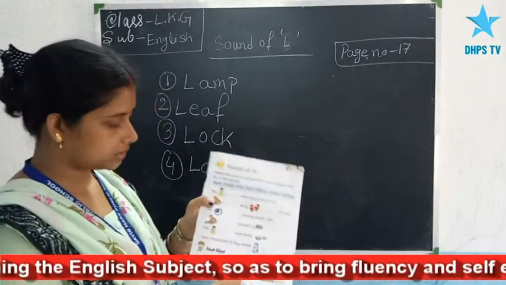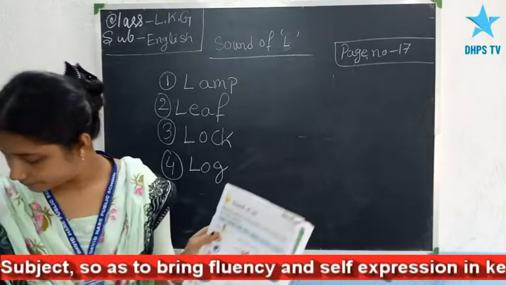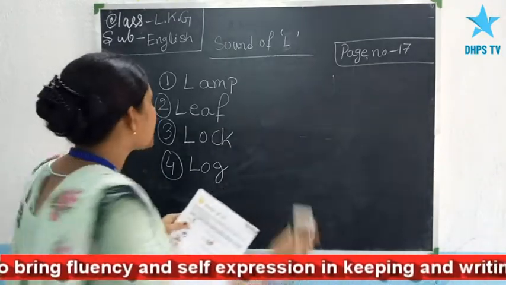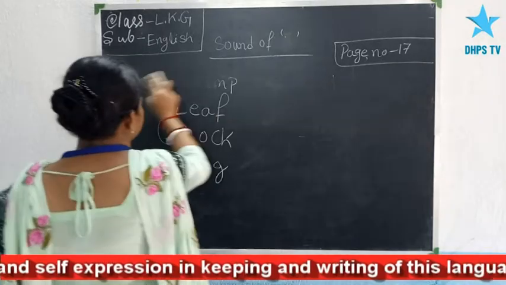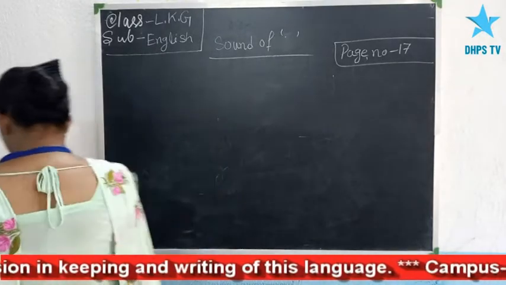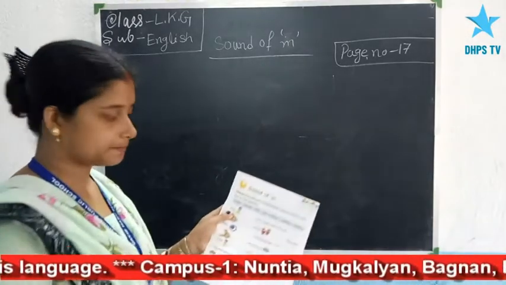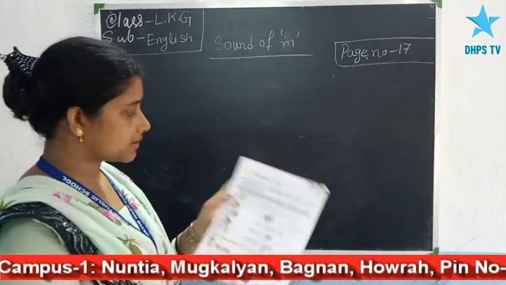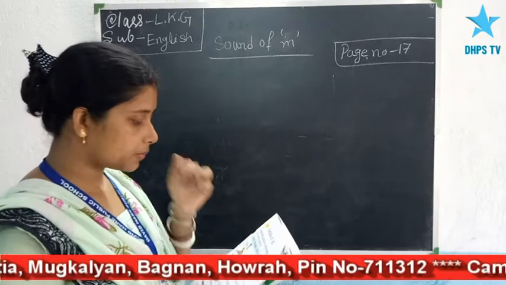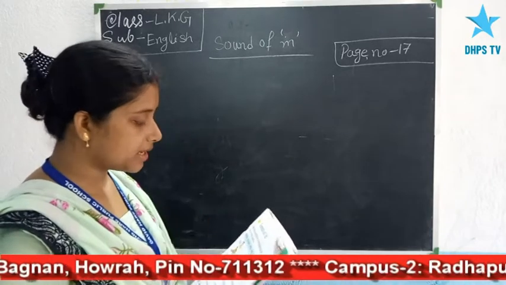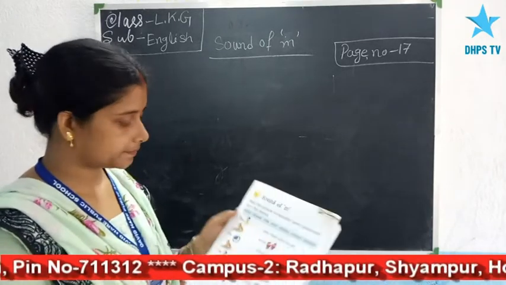Now turn to page number 19, and here the alphabet is M. And now read the task. Read the picture composition given below and fill in the blanks.